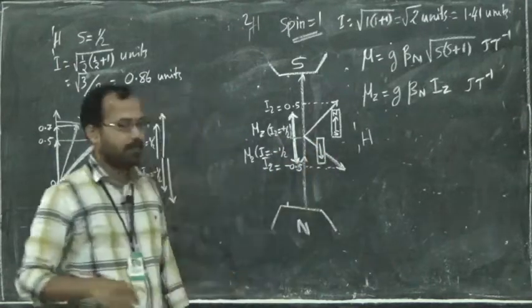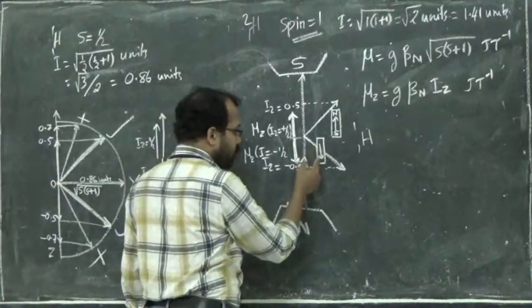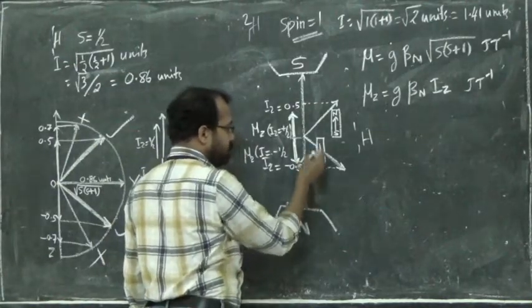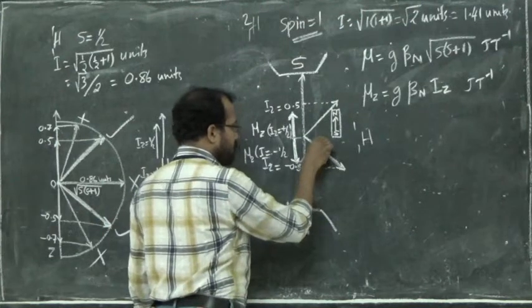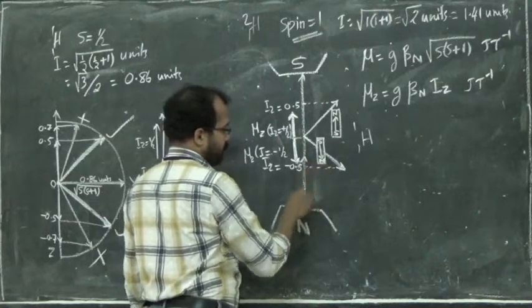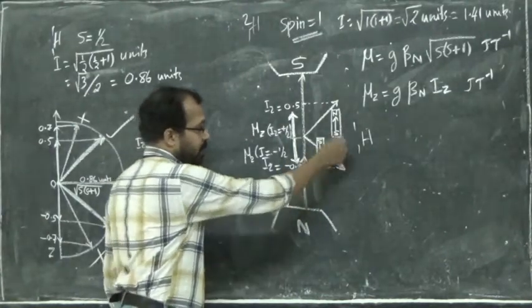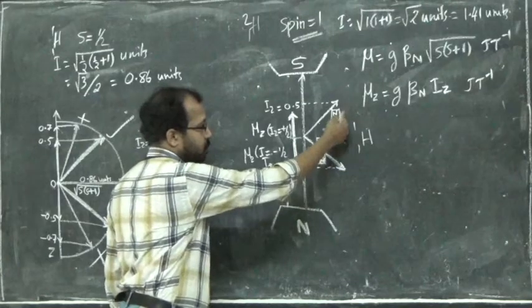If the lines of force are from top to bottom, it means that the south pole is at the top and the north pole is at the bottom. So here in this case, this is the south pole and this is the north pole.